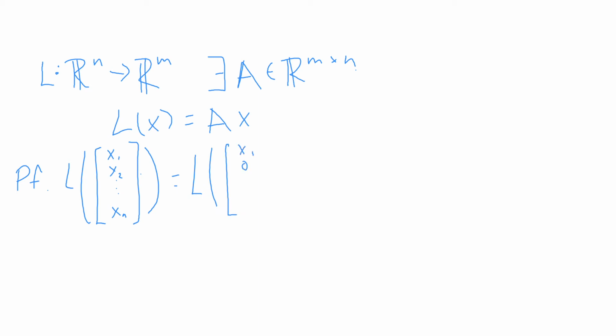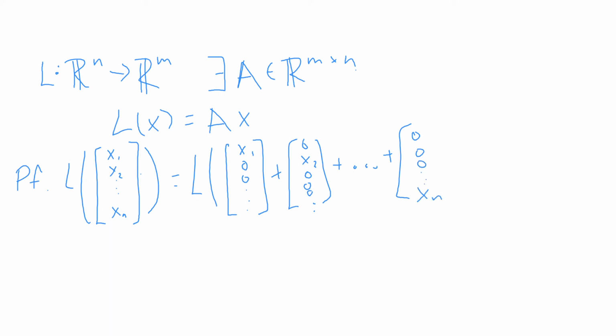So we have x1 and all zeros, plus 0, x2, all zeros, plus so on until we get to our xn. So we'll have n vectors here. And we can write that sum as a sum from 1 to n of x sub i times e sub i.